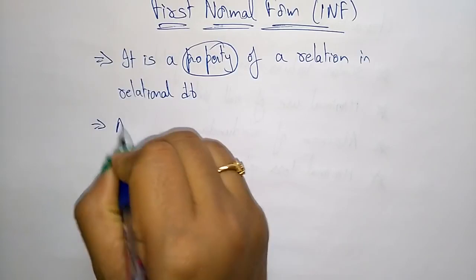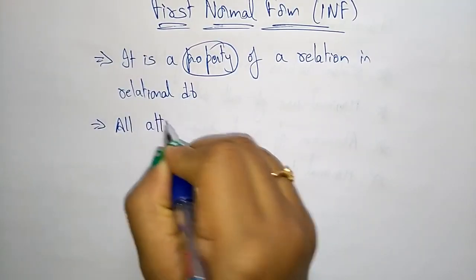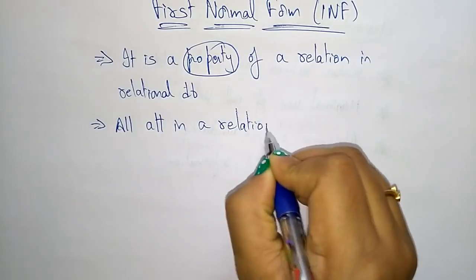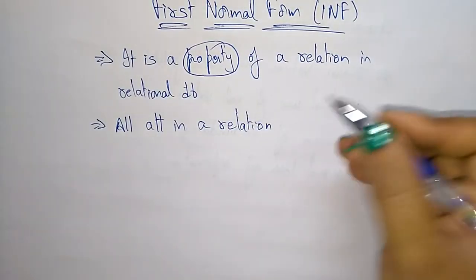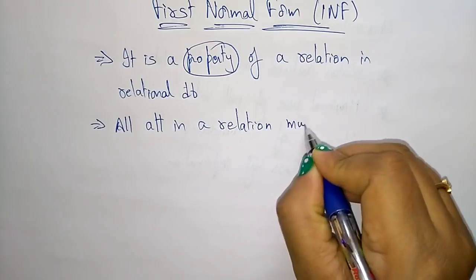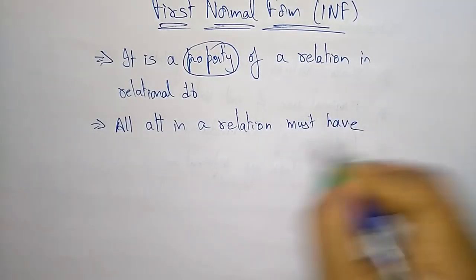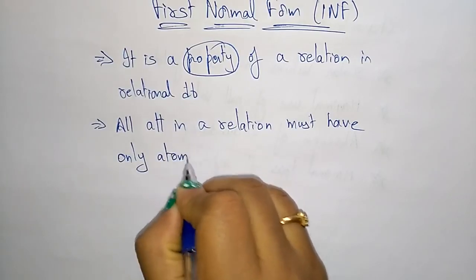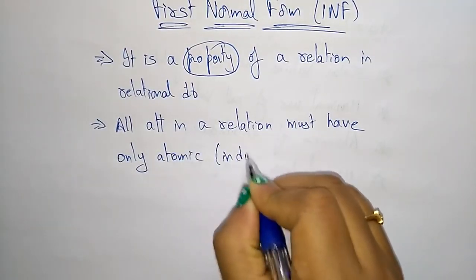Here, all attributes in a relation, meaning all attributes in a table, the fields, must have only atomic domains. Atomic means indivisible domains.